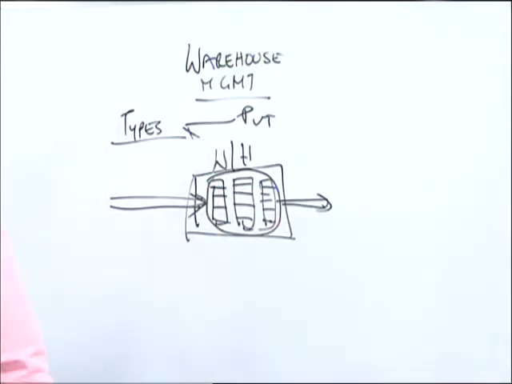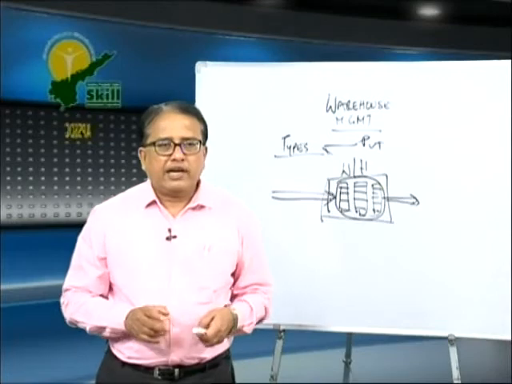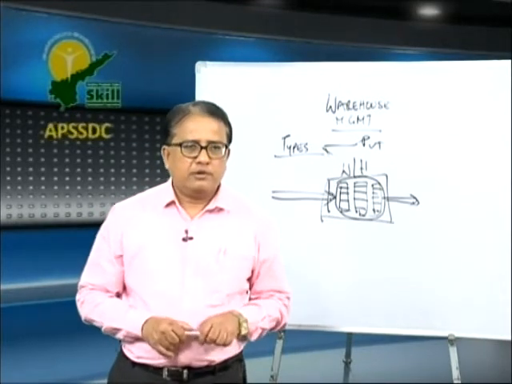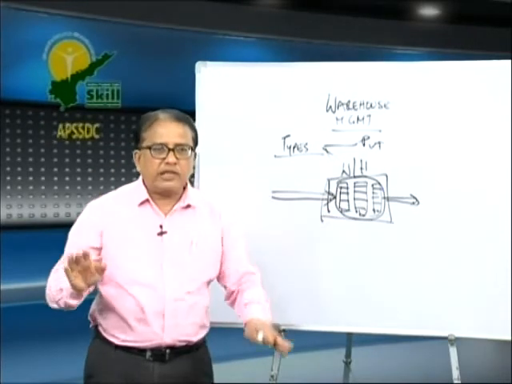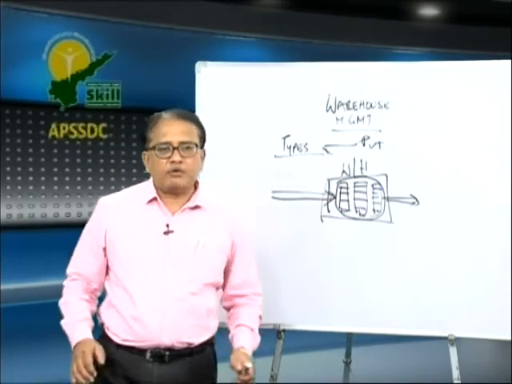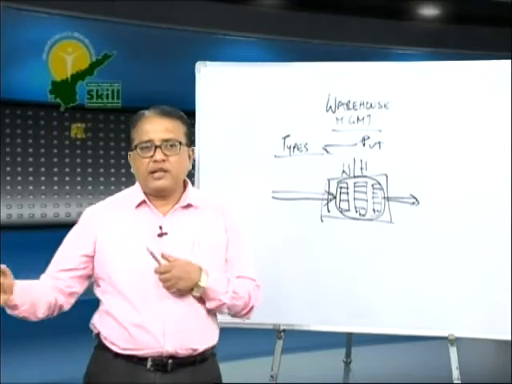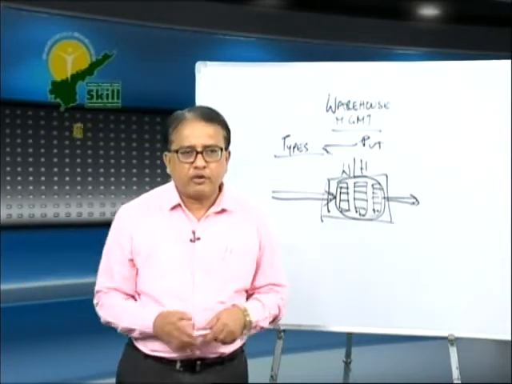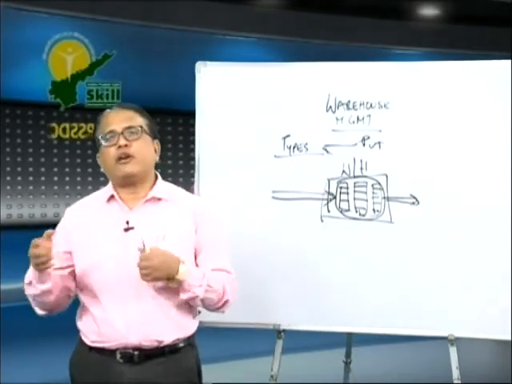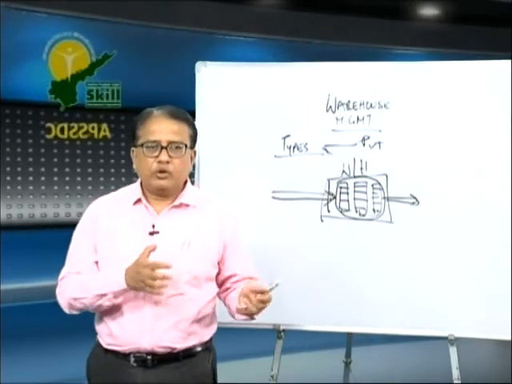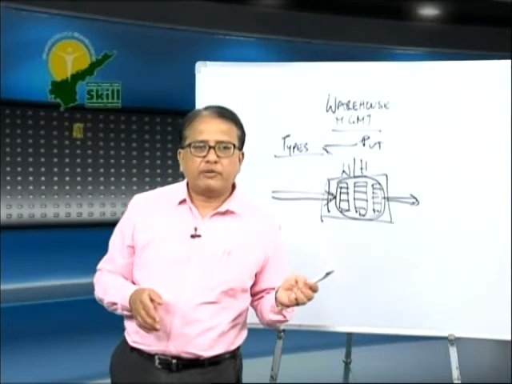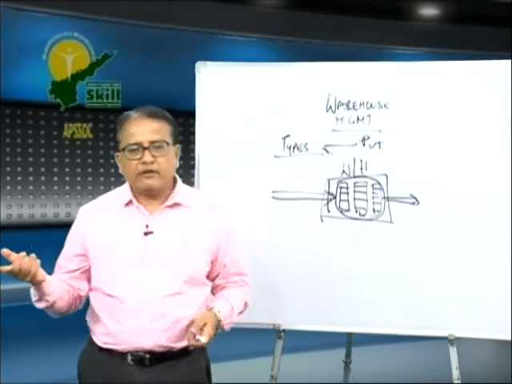And it is essential since the volume of the goods and the value of the goods concerned are of high value and of critical importance, so maintaining an inventory record is extremely essential. When we do inventory management, probably in the next few sessions once we are done with warehousing, because inventory management and warehouse management go hand in hand, we will do packaging and material handling, and then inventory management.